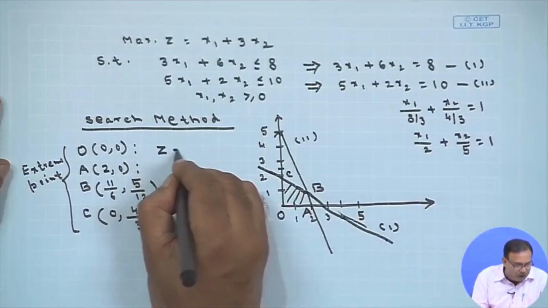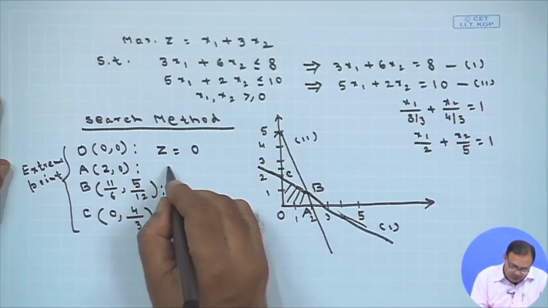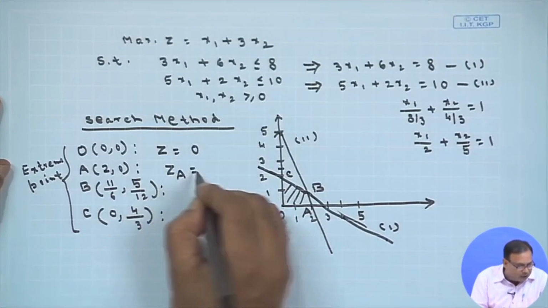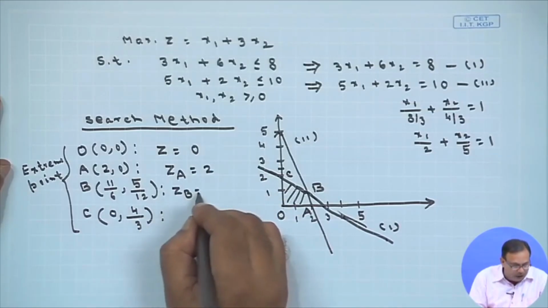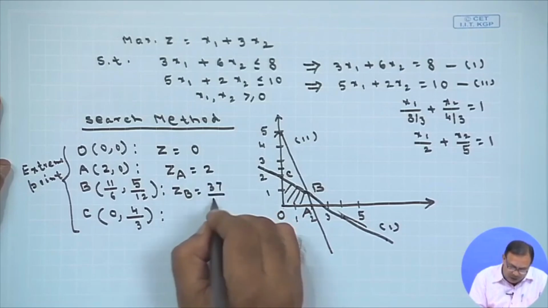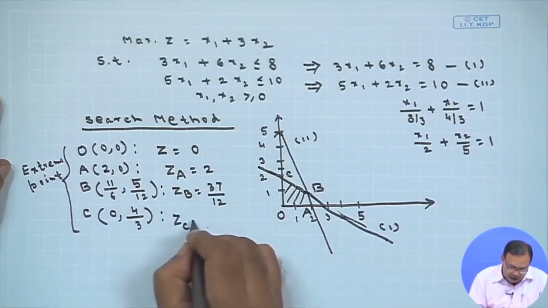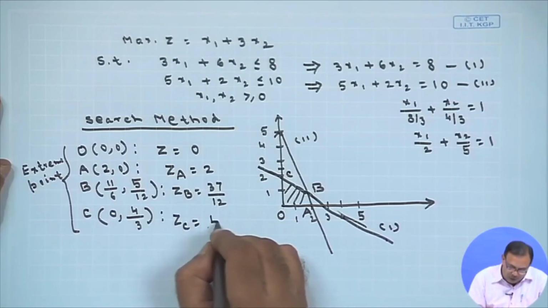At the point (0, 0), the value is 0. Your z at A, if you calculate, will become 2, your z at B will become 37/12, and your z at C will become 4.